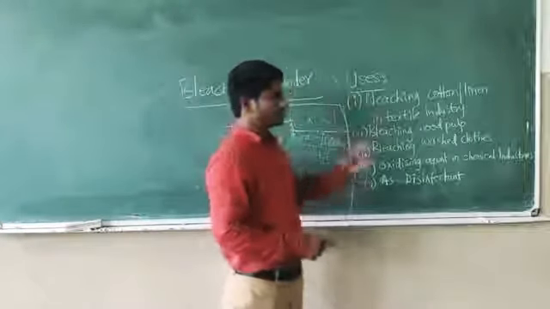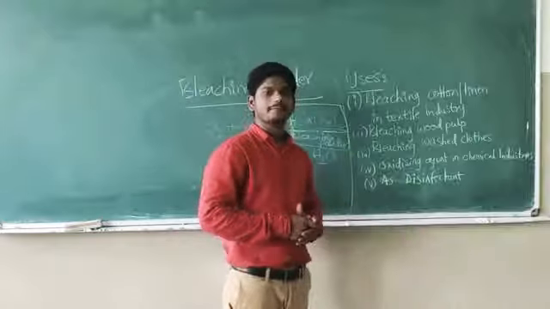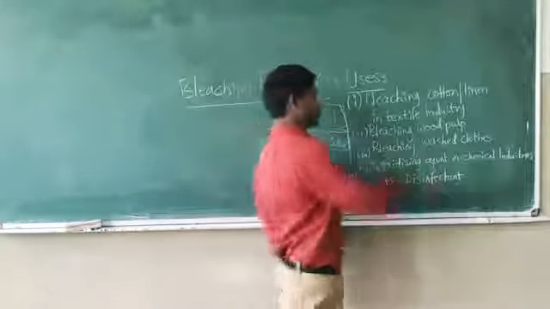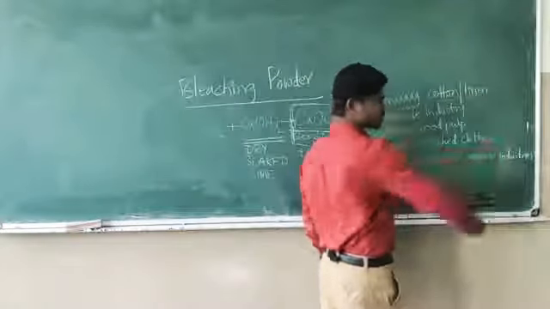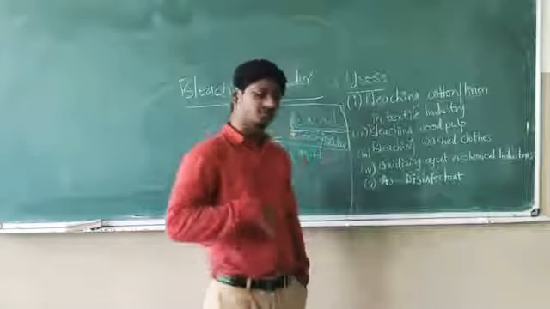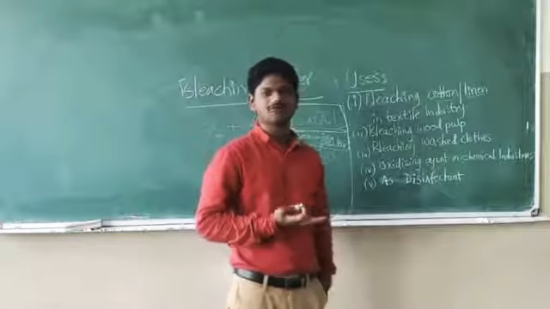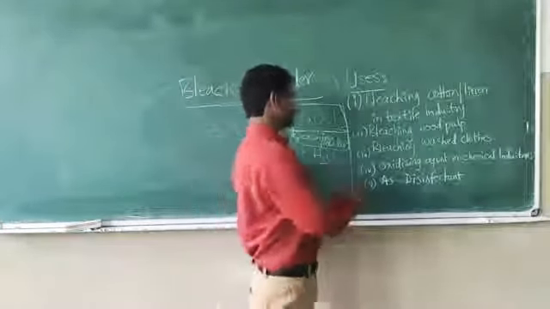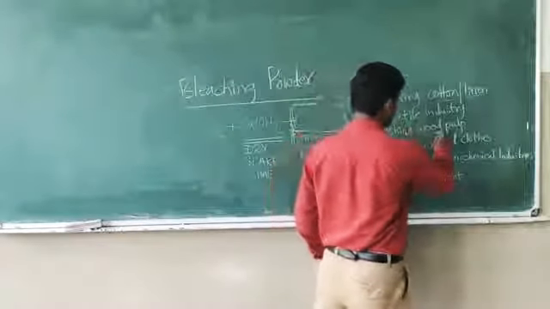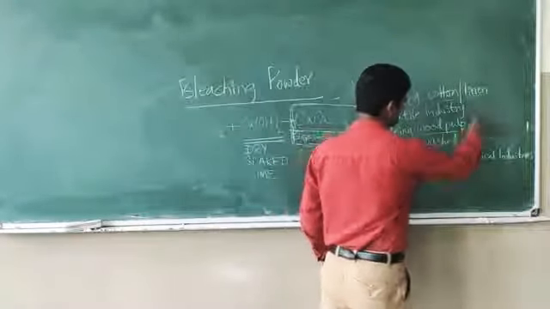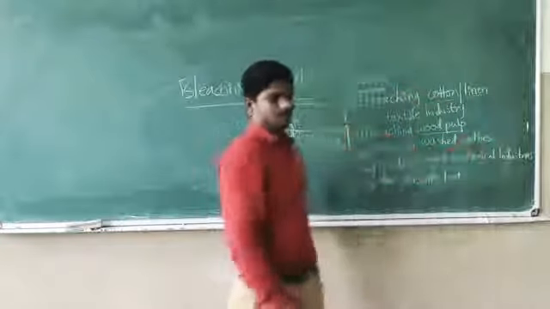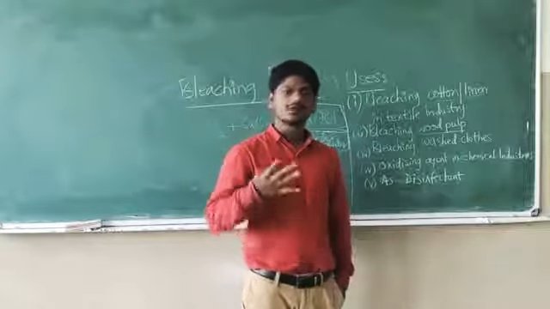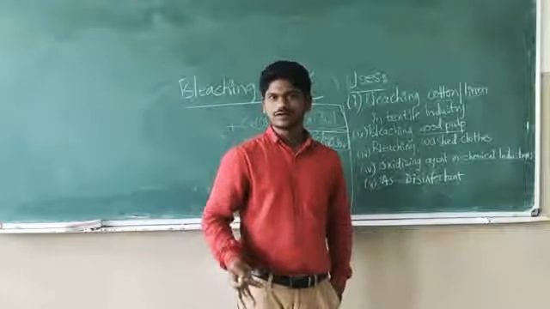We will see. In the textile industry, bleaching powder is used majorly for bleaching cotton as well as linen materials. Most of the wide use of this bleaching powder is in the textile industry. The second one is bleaching wood pulp in paper factories. Papers are made from trees, but do all papers have the color of the tree?